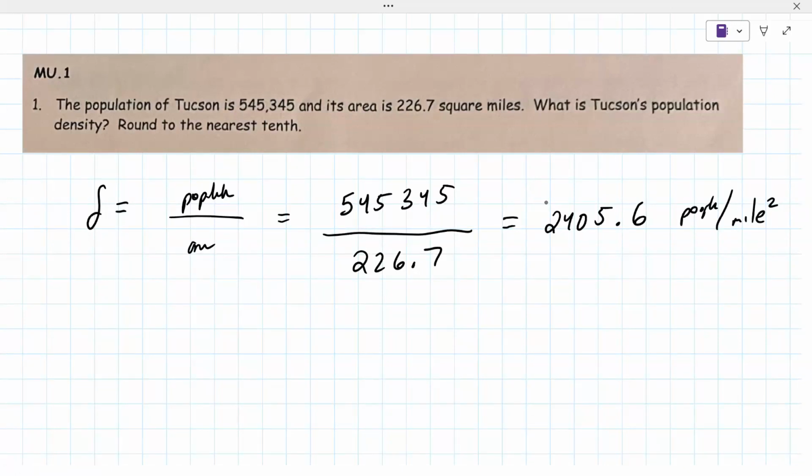And we just divide these, right? Basically. Number two is really similar.